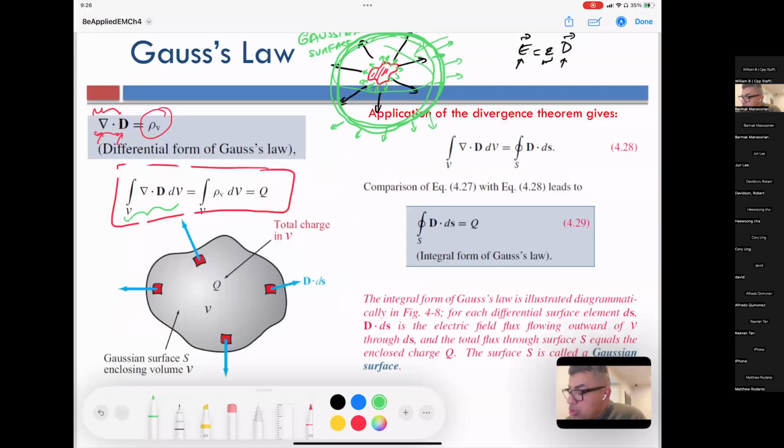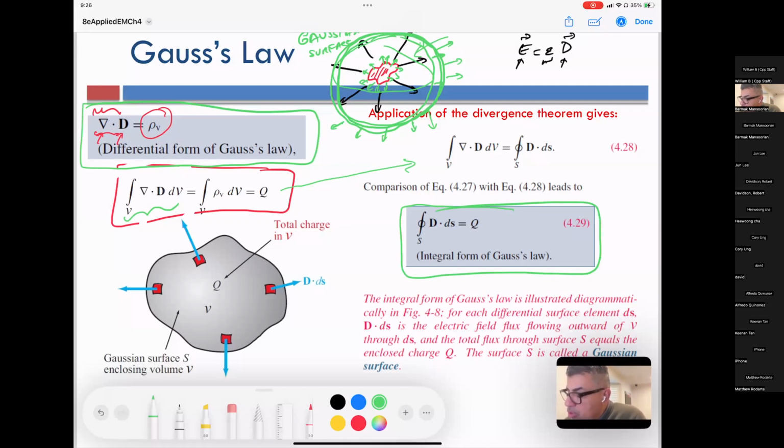So it has to be a closed surface, and then I can get the total charge inside. This is the differential form of Gauss's law that we had written up as part of Maxwell's equations. It was the first of Maxwell's equations, and using the definition of the divergence, you can get the integral form of Gauss's law.